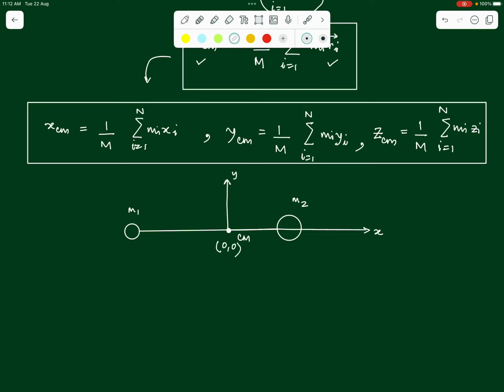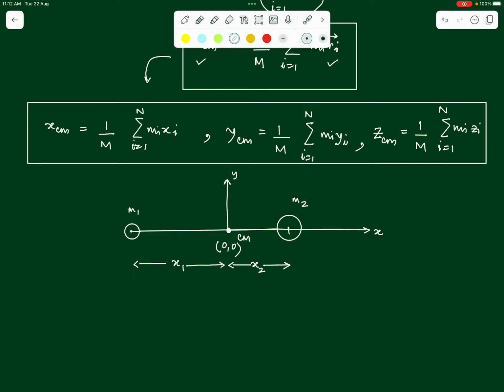So the center of mass of the system of 2 bodies lies at the origin, and let us say the mass m1 is at a distance x1 on the left side of the origin, and the mass m2 is at a distance of x2 on the right side of the origin. These are the 2 distances, from the bodies to the center of mass.